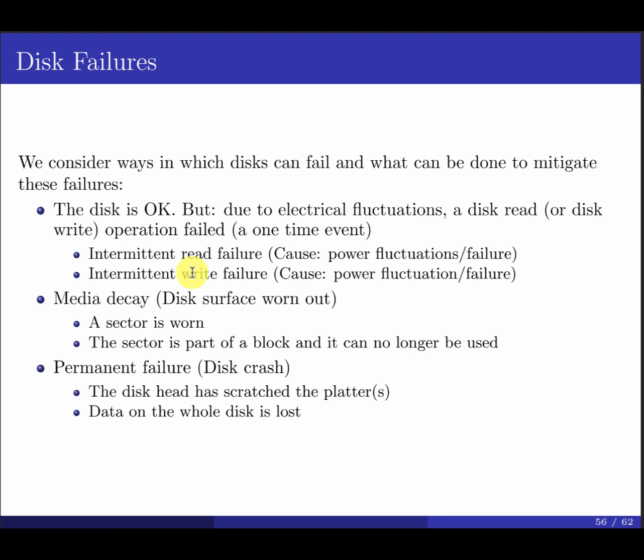Another problem is that the disk might have media decay. What does that mean? In this case, the disk can be worn out, so you cannot store data on a sector or set of sectors. In this case, the system can mark this sector as unreachable, not used anymore, not available.